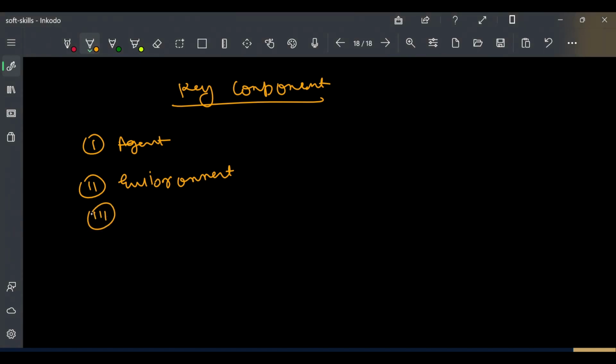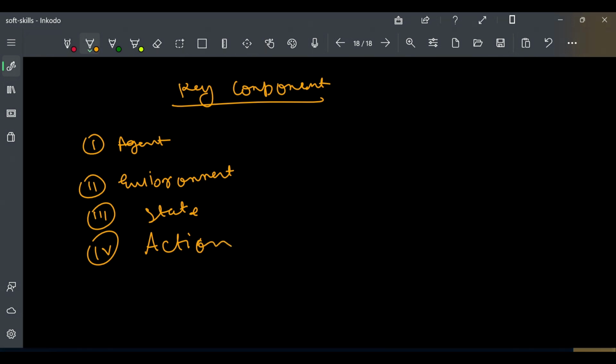So the third one is state. A state is the current situation or position of a robot on a grid. And the fourth one is action. Action means the choice the agent can make. And the fifth one is reward. Reward means the feedback from the environment.